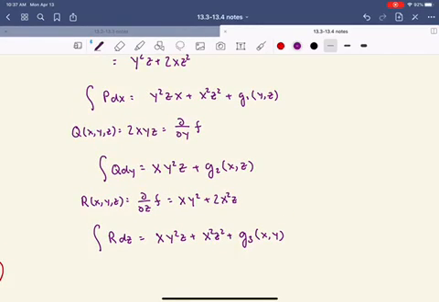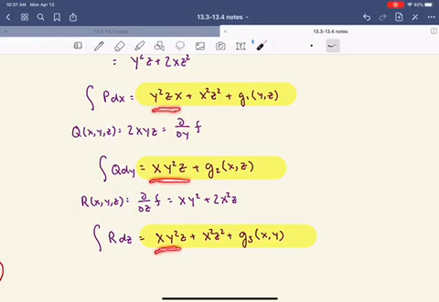So now, all three of them have this x y squared z term. Let's highlight. So all three of them have this x y squared z term.